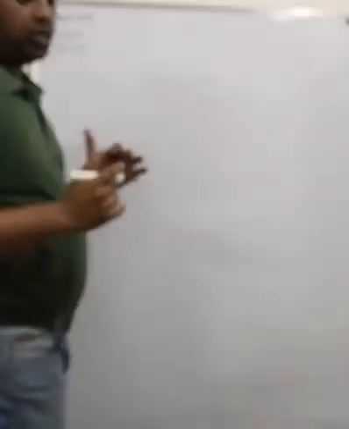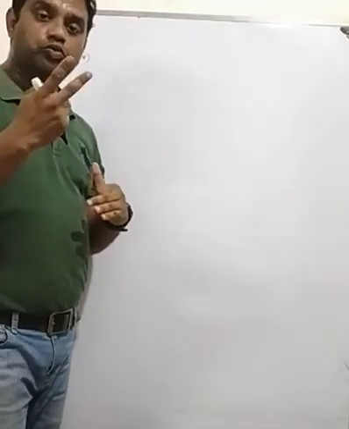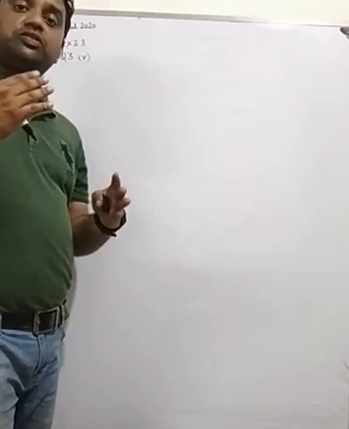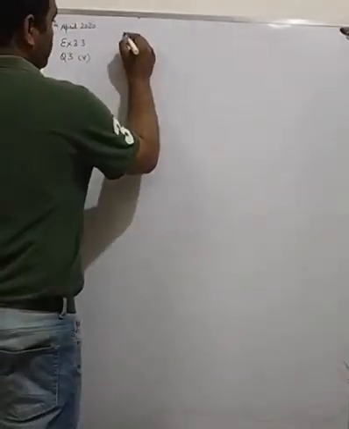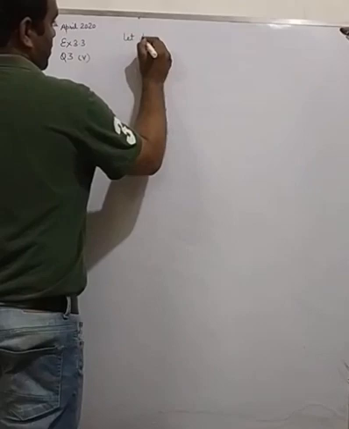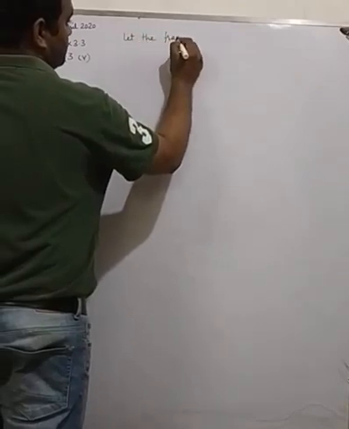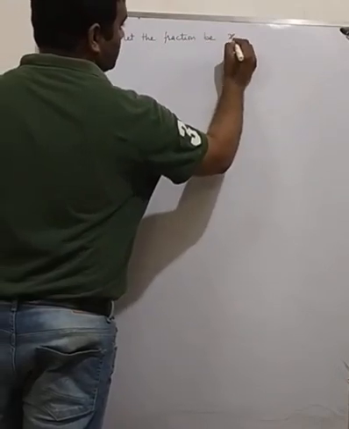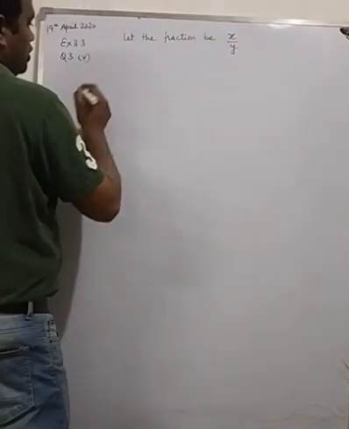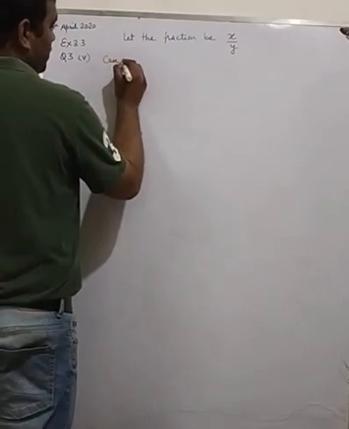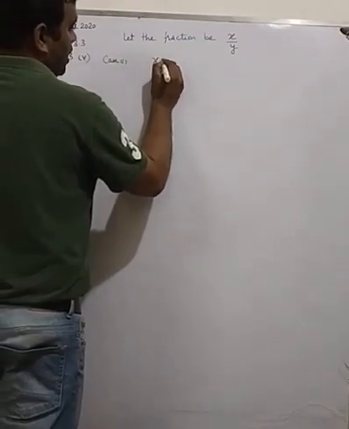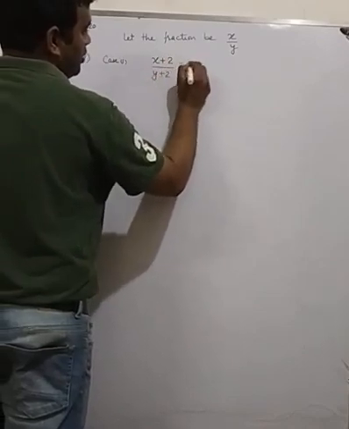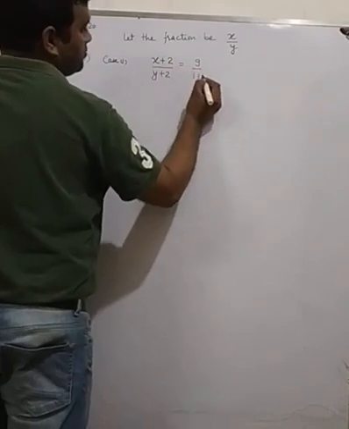The question is, if I add 2 to both the numerator and denominator of a fraction, the fraction becomes 9 upon 11. So let the fraction be x upon y. So first condition, case 1, it is said if 2 is added to both the numerator and denominator of a fraction, it becomes 9 upon 11.